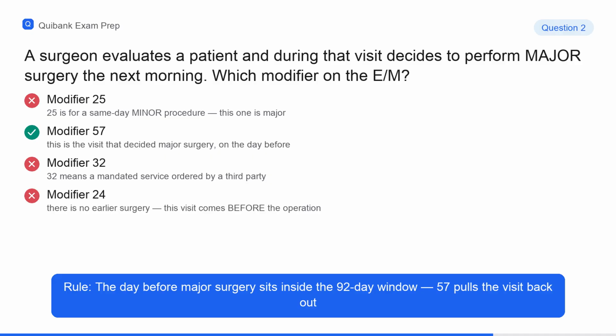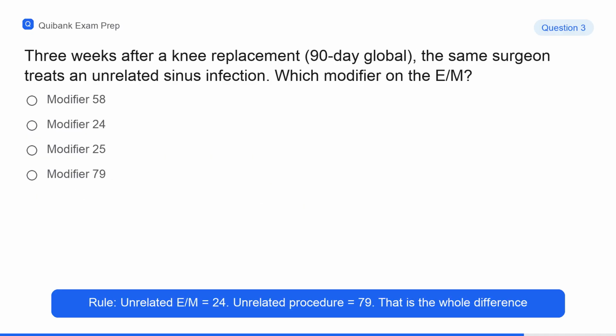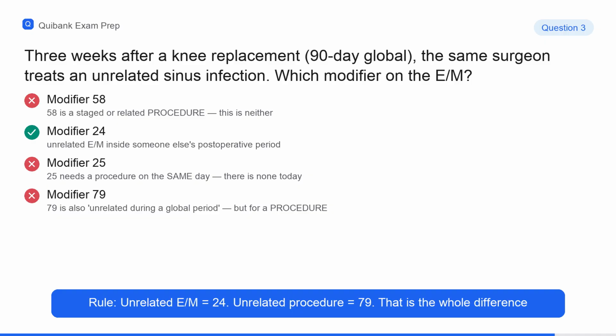Third question. 3 weeks after performing a knee replacement, a 90-day global period, the same surgeon sees that patient for an acute, unrelated sinus infection. Which modifier goes on the evaluation and management service? Modifier 24. Check the others carefully because this is where people lose the point.